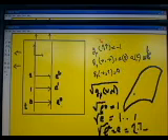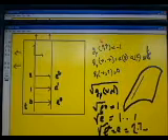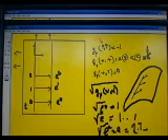So you have it like this. These vectors that I pictured here are actually these tangent vectors here.